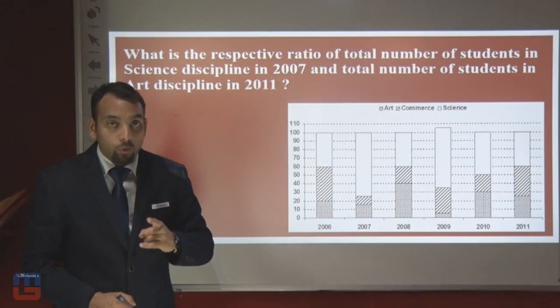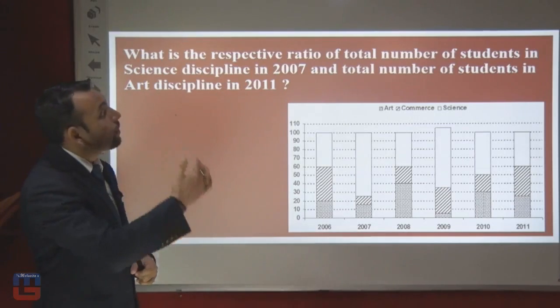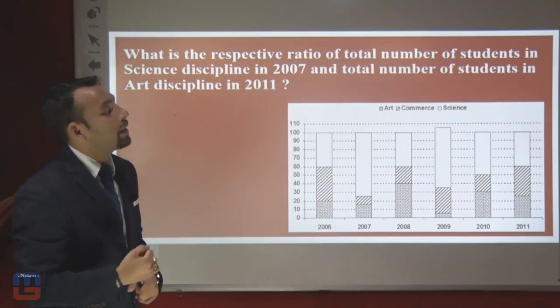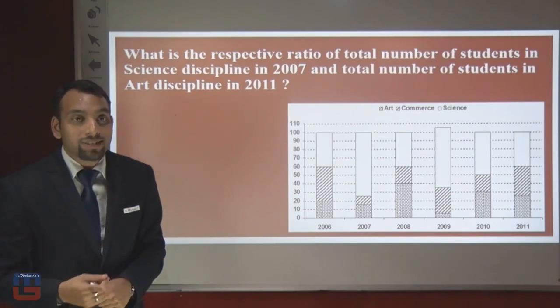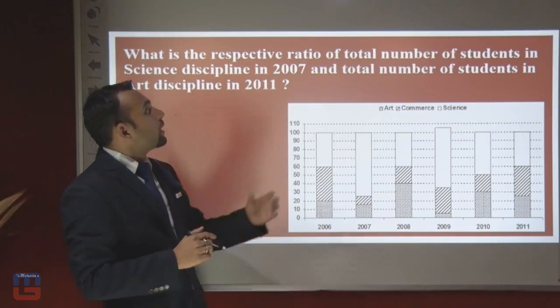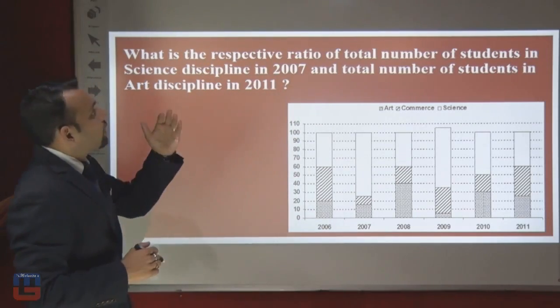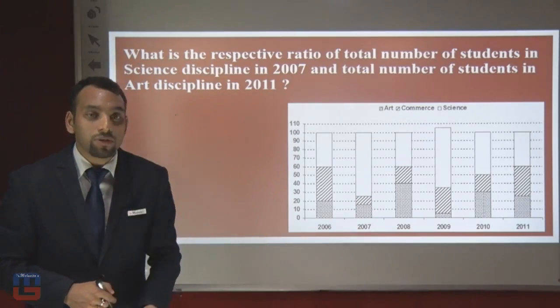Now see, what is the respective ratio of the total number of students in the science discipline in 2007 and the total number of students in the art discipline in 2011? Science in 2007. Where is 2007?